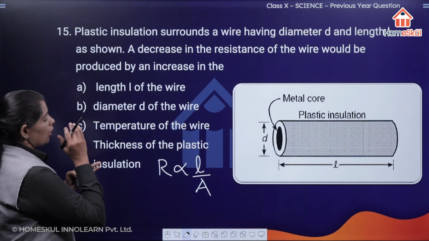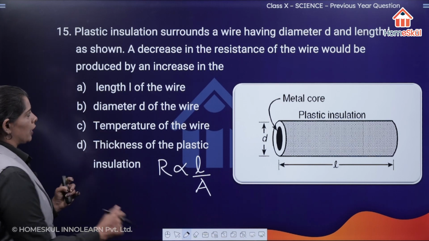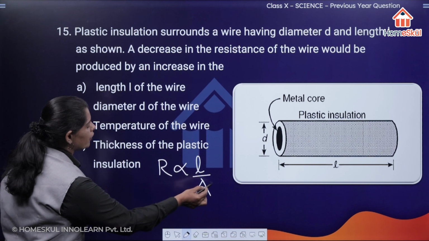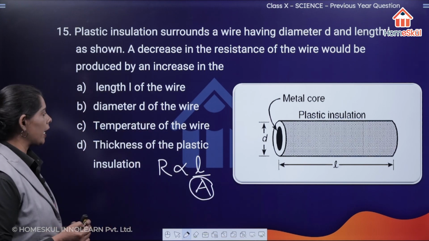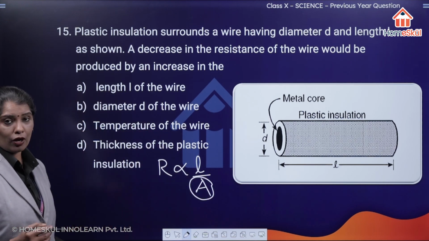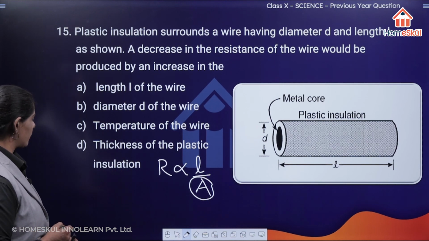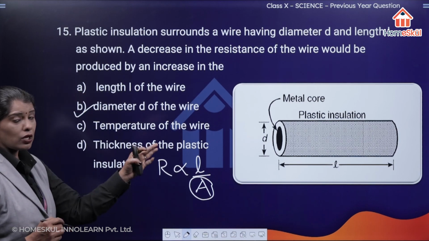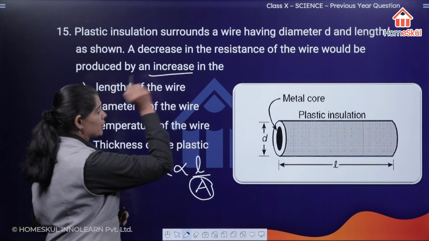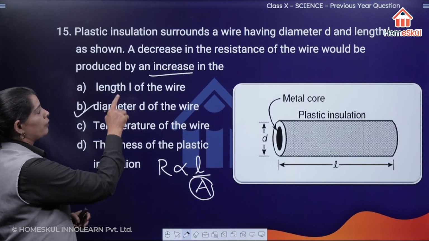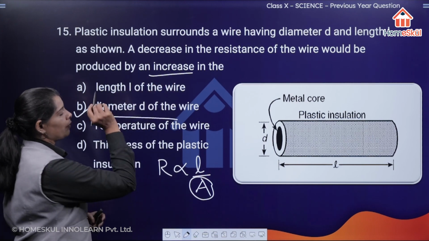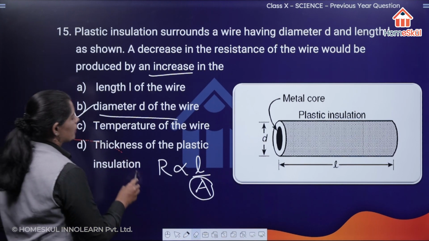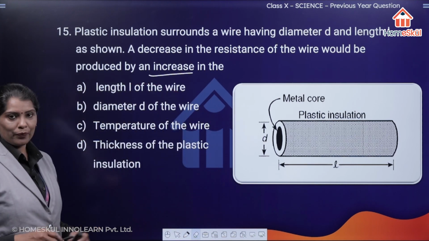Since it is inversely proportional, the decrease in the resistance would be produced by an increase in the area or the diameter of the wire. So our correct option is option B, D, diameter of the wire.